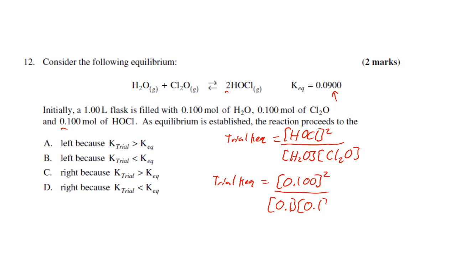Well, that makes the math nice and easy. We don't even need a calculator. What it's saying is that trial KEQ is equal to 0.1 squared over, this is the same as writing 0.1 squared, 0.1 squared over 0.1 squared. Trial KEQ is 1.